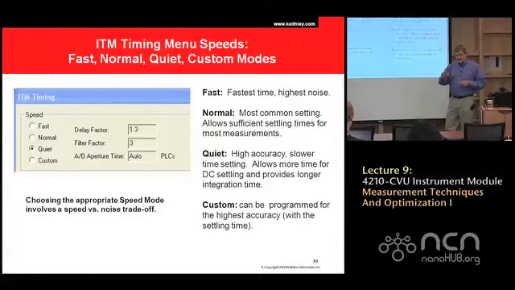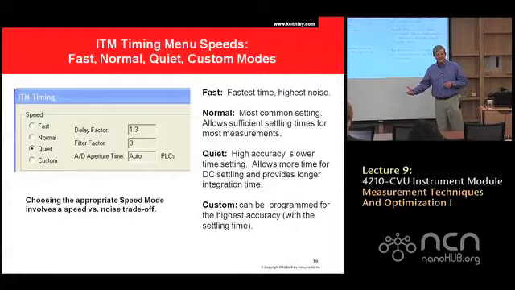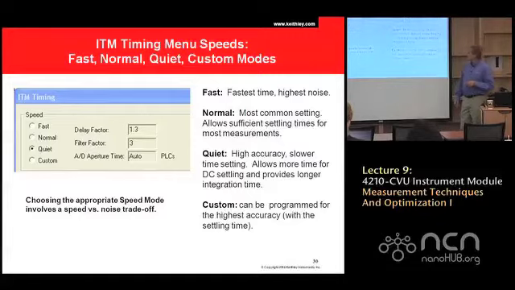Delay factor is a multiplier on the built-in normal delay, and filter factor is a noise reduction factor on the built-in normal aperture time or measurement time. So at normal, my delay factor will be 1 and my filter factor will be 1. In other words, just use the normal table, right? But if I go to quiet, I'm going to multiply the delay factor by 1.3.